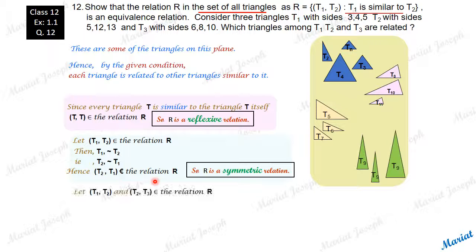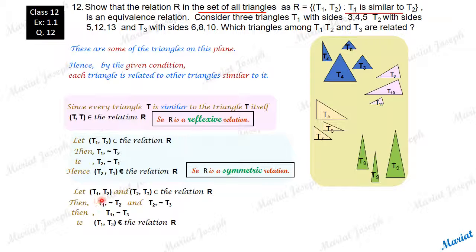Now, to check whether it is transitive, let's take two pairs. Let T1, T2 and T2, T3 belong to the relation. That means triangle T1 is similar to triangle T2, triangle T2 is similar to triangle T3, which implies triangle T1 is similar to triangle T3. Therefore, pair T1, T3 will also belong to the relation, which is what we want to have to call a relation transitive.